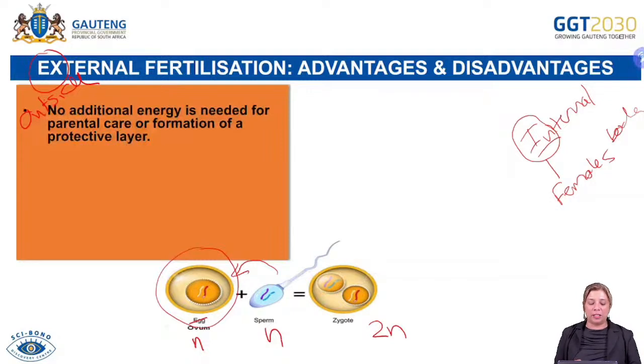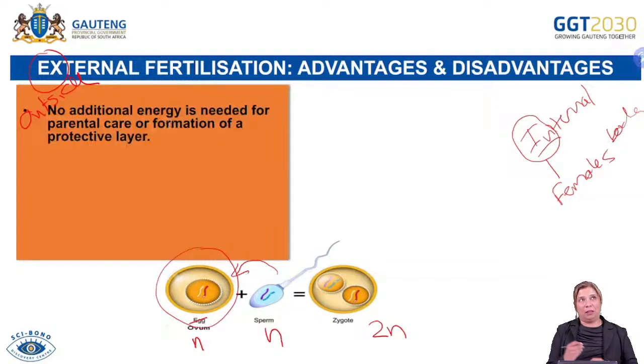No additional energy is needed for parental care or formation of a protective layer. When we talk about external fertilization, we're usually talking about reptiles, fish, and that sort of thing. It usually happens in the presence of water, because most of the time water is necessary so that the sperm can reach the ovum.